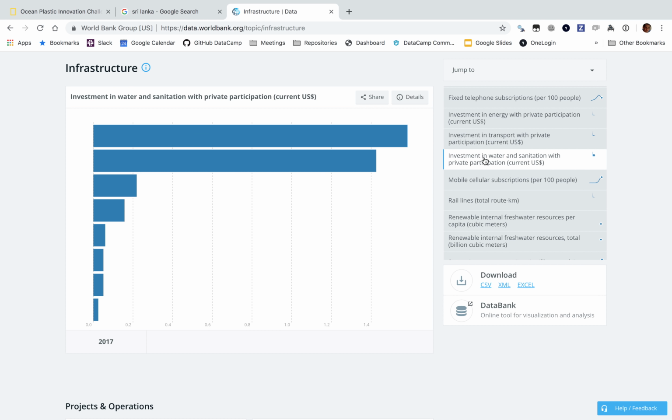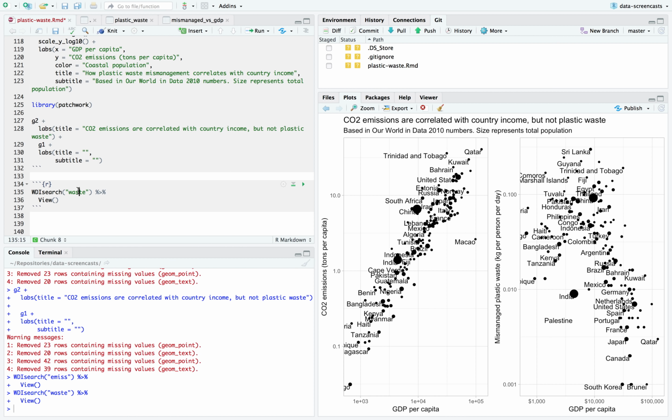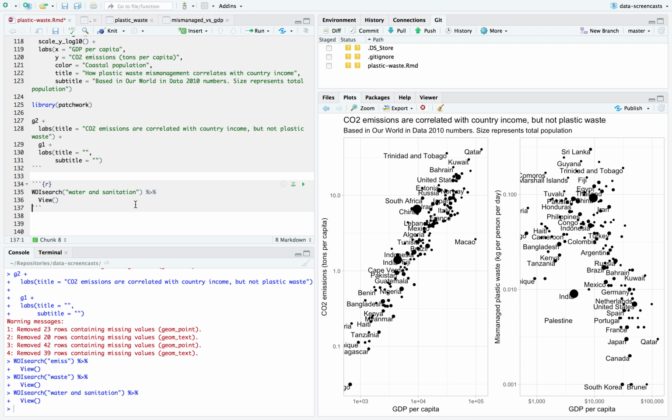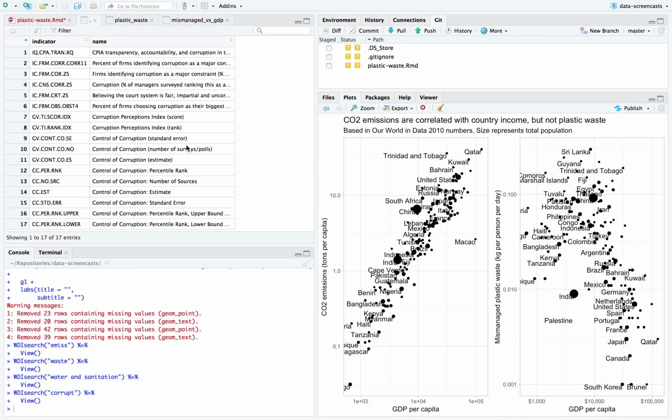Or what was the other one that I wanted to look at? This is going to be correlated with GDP. It's not the right approach. How about, let's see. Oh, wow, there's quite a few.